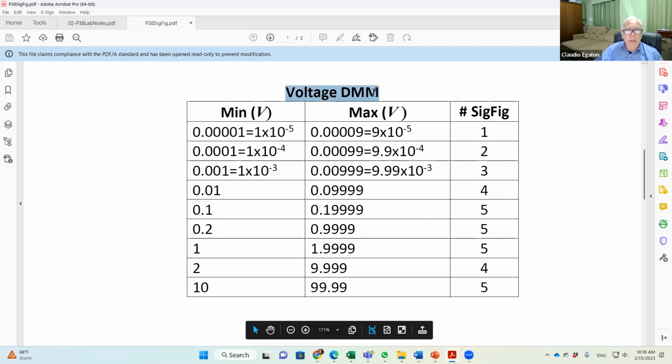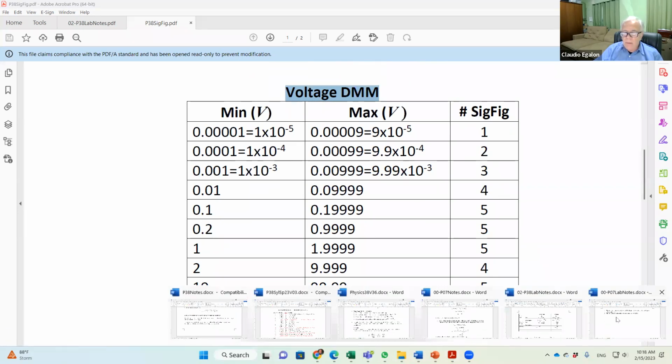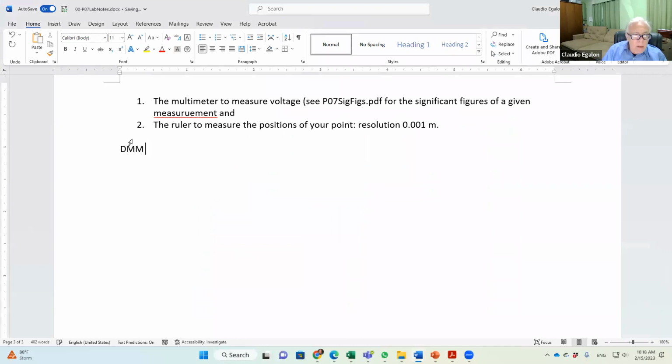For this experiment, you use this table here of the voltage of the DMM. DMM stands for digital multimeter, which is a multimeter because it measures voltage, resistance, current, frequency.